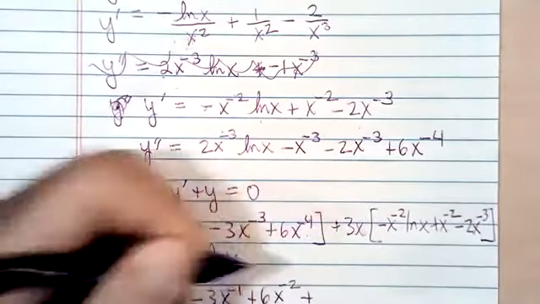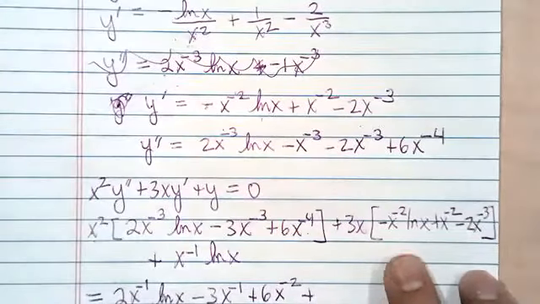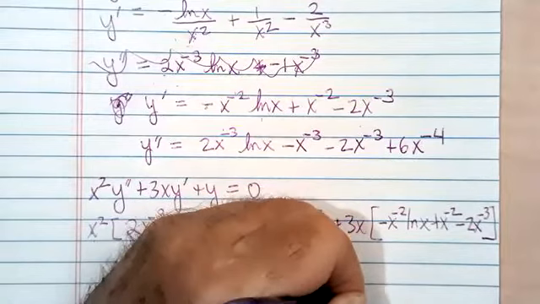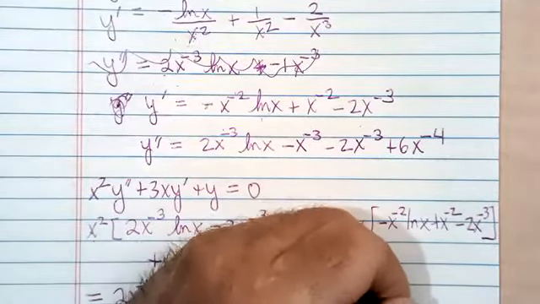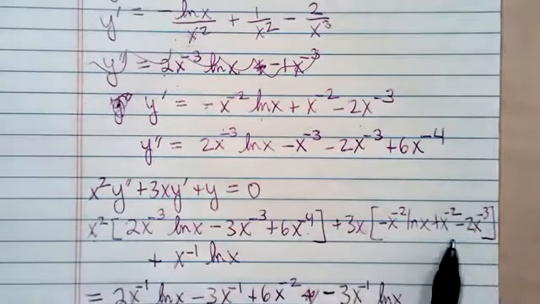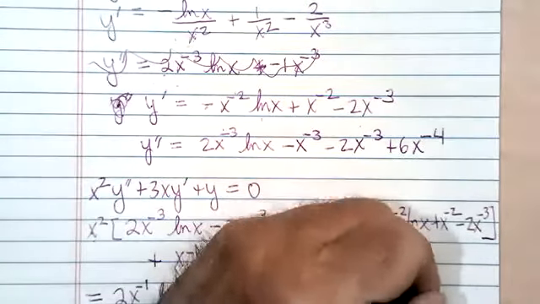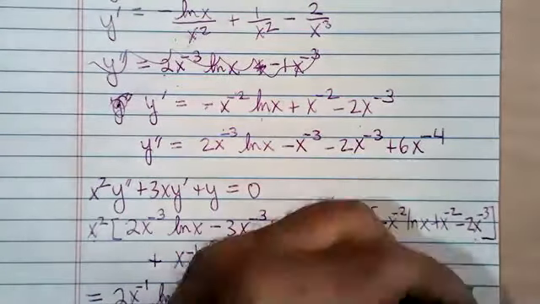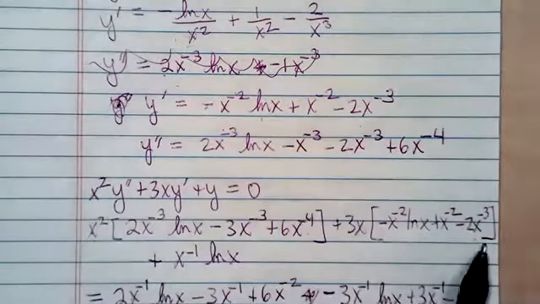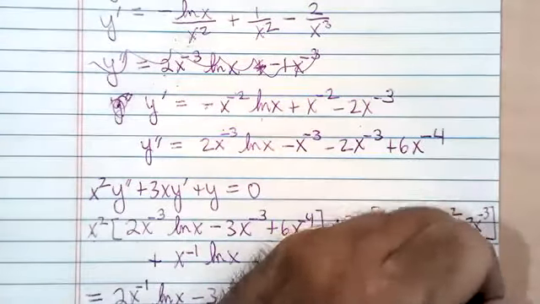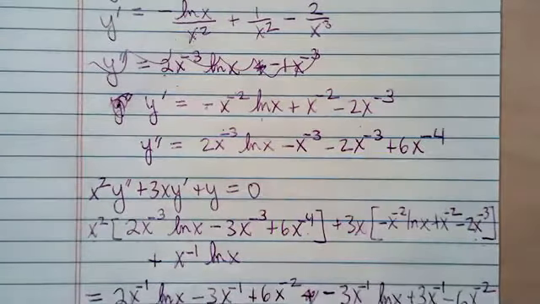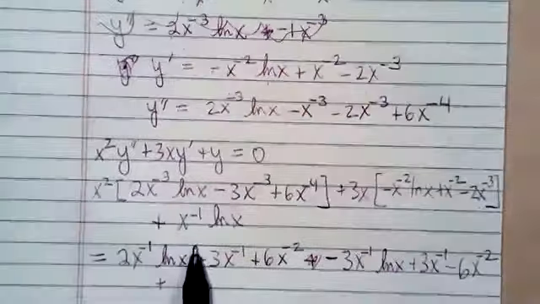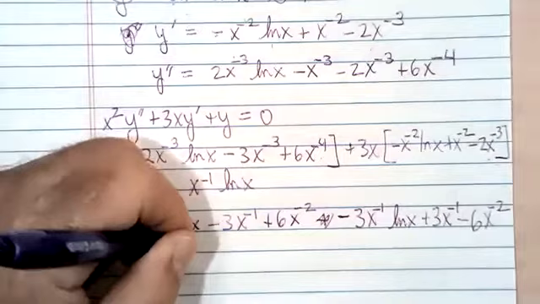All right, distributing the 3x on these terms, this times this is minus 3x to the minus 1 log x. This times this is 3x to the minus 1. And this times this is minus 6x to the minus 2. And finally, the last term, plus x to the minus 1 log x.